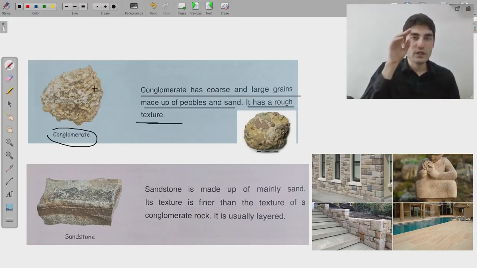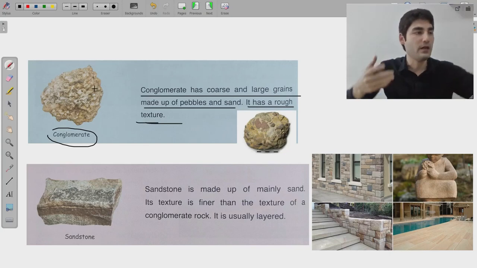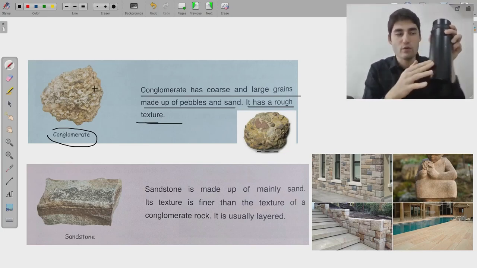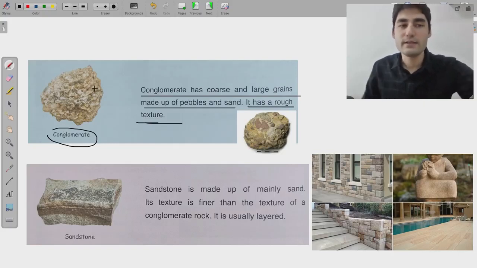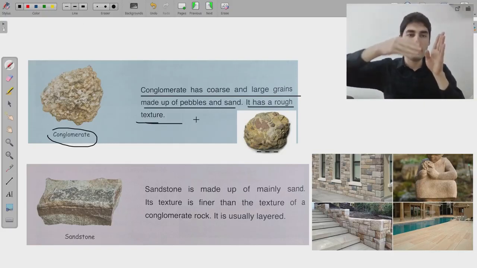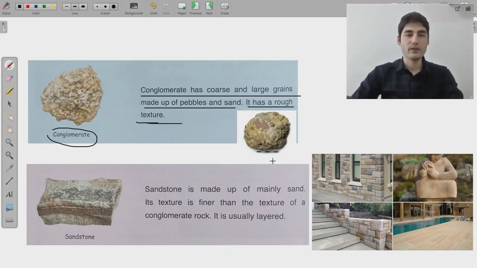It means when you touch it, it is not smooth. How can I show you? Let's say this is smooth, right? Smooth. But this conglomerate surface is not smooth. It has a rough texture.